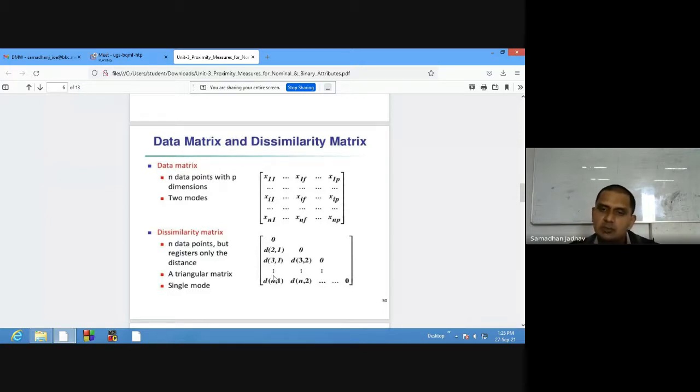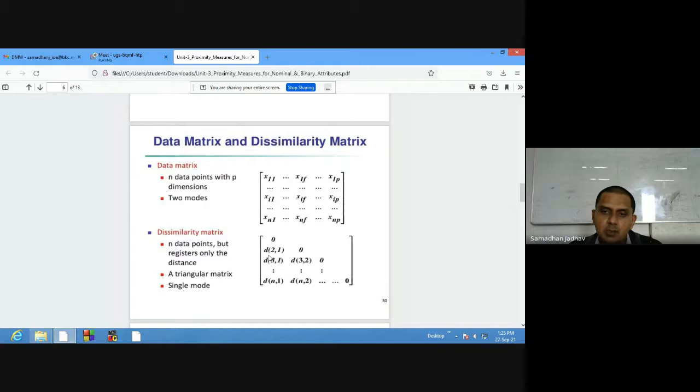So rows have objects, columns also have objects. So what is inside it? Dissimilarity values. You can see 0s in the diagonal. So that indicates the dissimilarity of object 1 with object 1, object 2 with object 2, object 3 with object 3, and so on. How dissimilar is each object with itself? 0%. Why? Because it is completely similar.